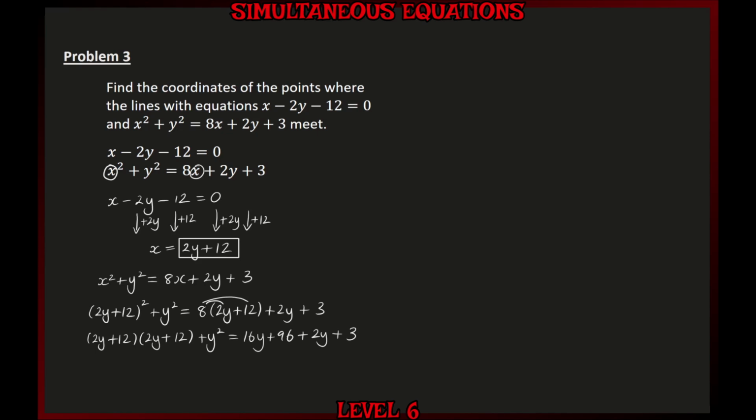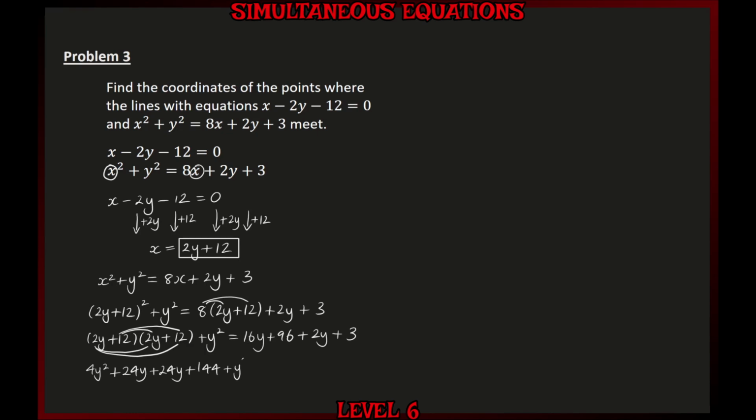We can now expand the bracket on the left hand side, so we have 2y multiplied by 2y, which is 4y squared, 2y multiplied by 12, which is plus 24y, 12 multiplied by 2y, which is again plus 24y, and 12 multiplied by 12, which is plus 144.